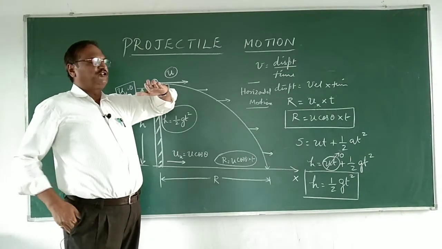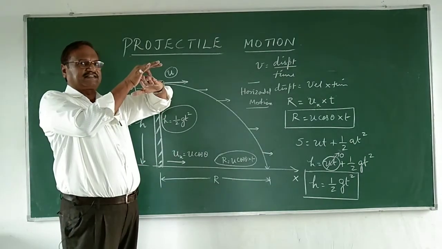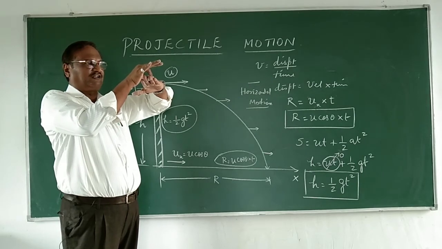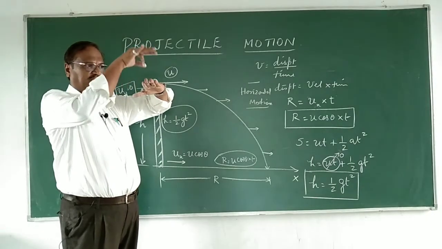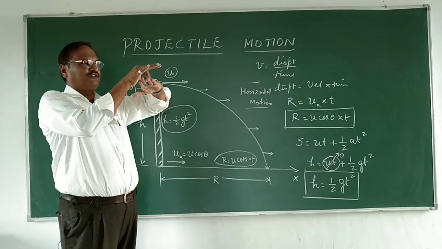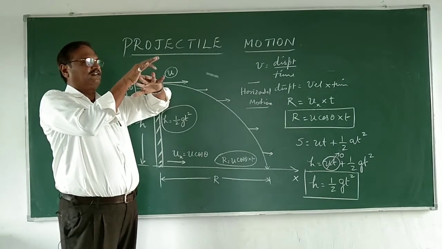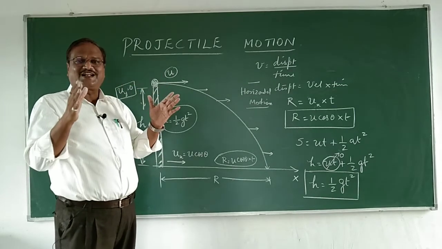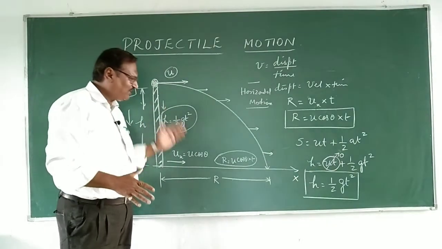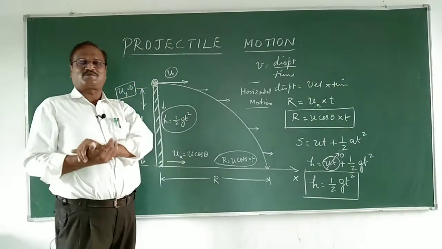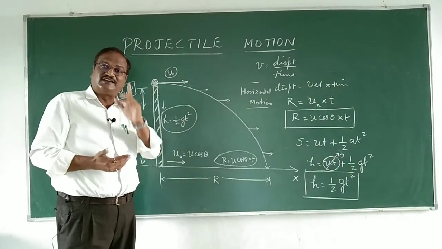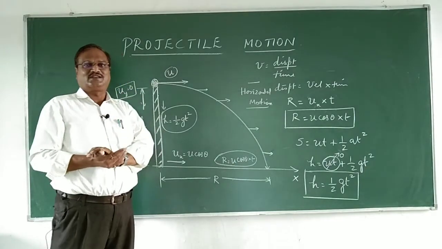Now I am going to simultaneously drop one and flick the other. Let us see what's happening. You may not be able to watch that, but you will find that both of them will reach at the same time.